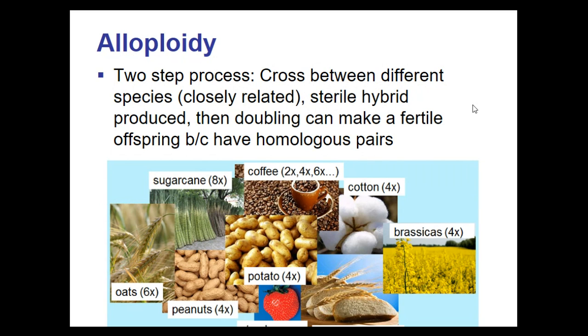What's going to happen when that tries to make sperm or egg? It's got 5 chromosomes. It's not even an even number.